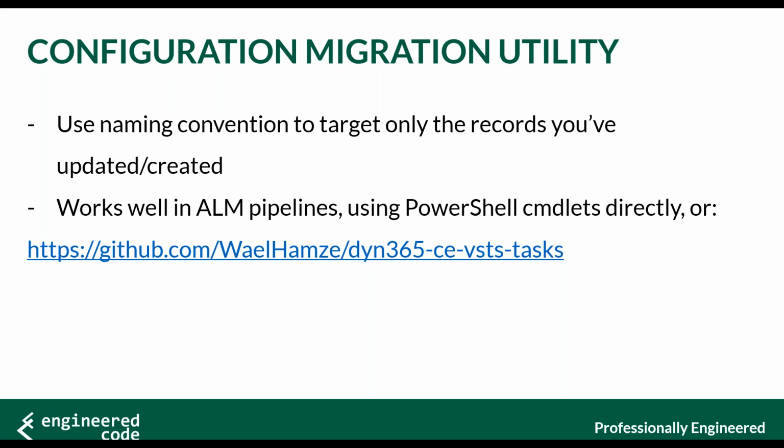So in order to make our life a little bit easier, when we create, say, new web templates, we like to use a specific naming convention so that we can then target that in our fetch XML queries. So let's say you're doing a project for ABC company, you would put ABC at the beginning of all your web template names, and then you can say, hey, as part of my ALM process, I only want to move the web templates that start with ABC, and you can easily do that in your fetch XML query.